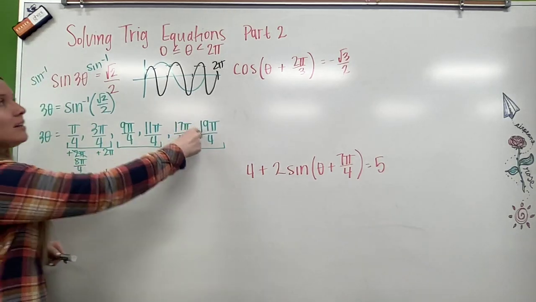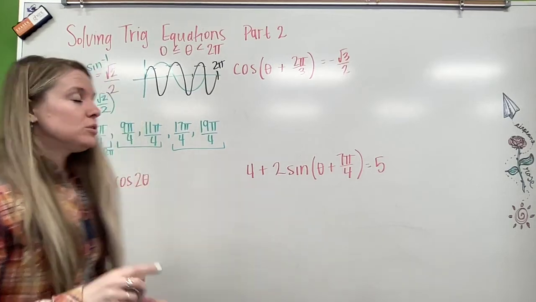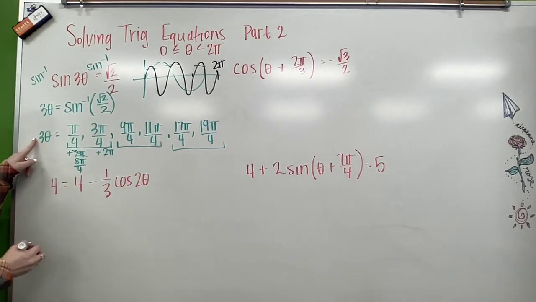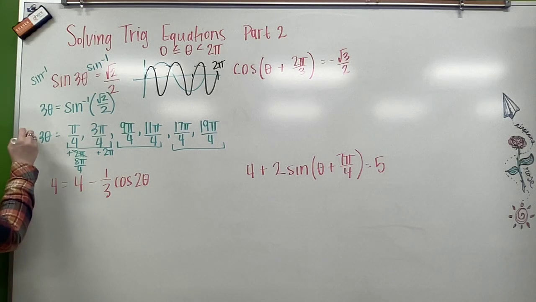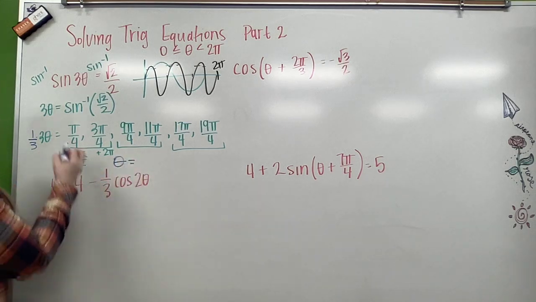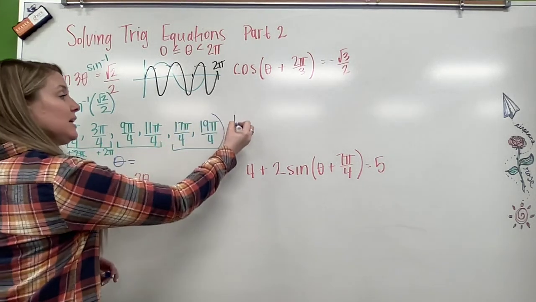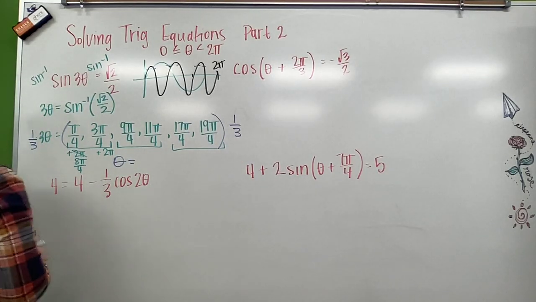This is clearly larger than my 2 pi, but I've got one more step to go to fully solve this trig equation. I don't want to know what 3 theta equals, I want to know what theta equals. So I'm going to multiply this by 1/3, and that's going to give me theta, which means I need to take all of these and also multiply by 1/3.